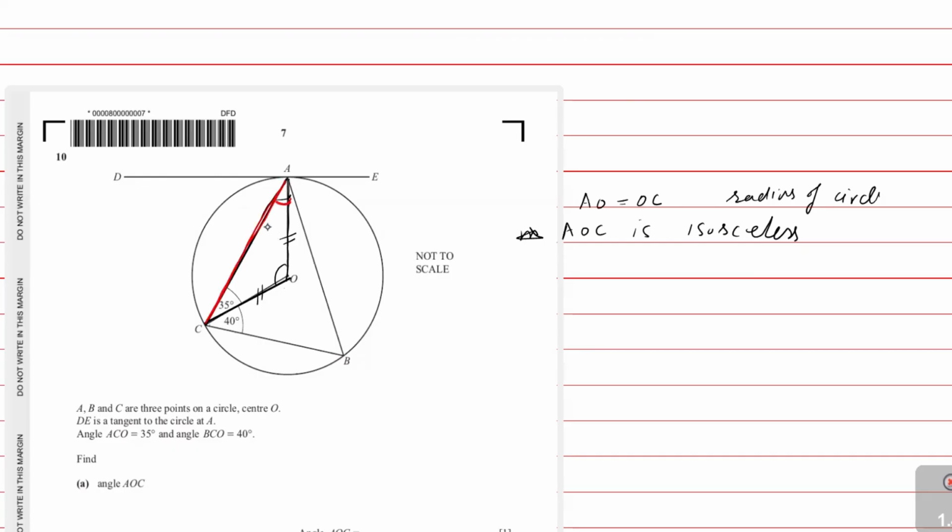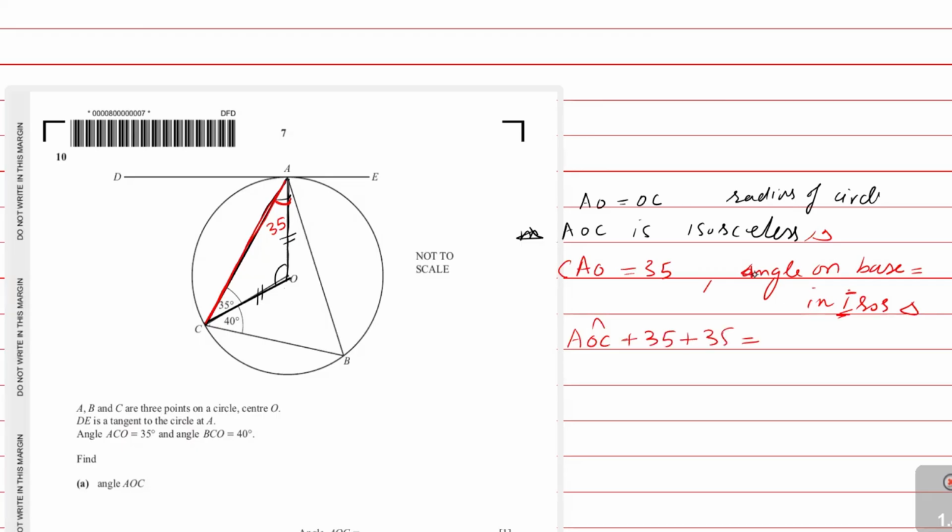Therefore, this angle is 35, this will be 35. We write angle CAO equal to 35. We write angles on base equal in isosceles triangle. And in the triangle AOC, we can write AOC angle plus other two angles, 35 plus 35.